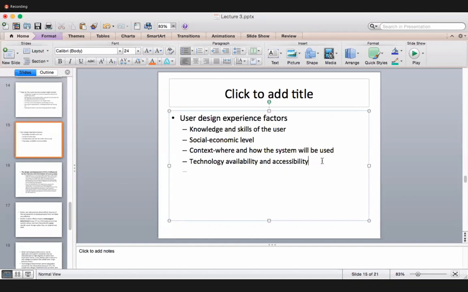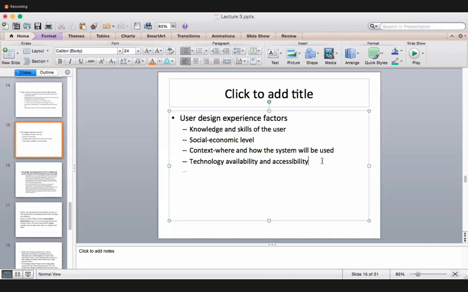You realize that if you did an application using, for instance, iOS, and you know very well the majority of the smartphones are Android, then the uptake will be limited. So you need to understand the technology available and its accessibility, among other things.